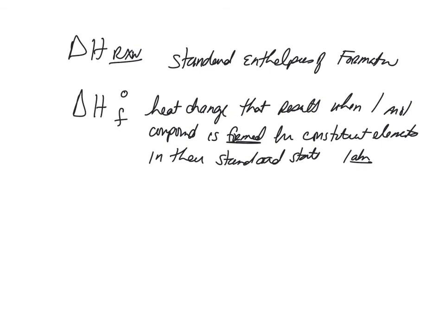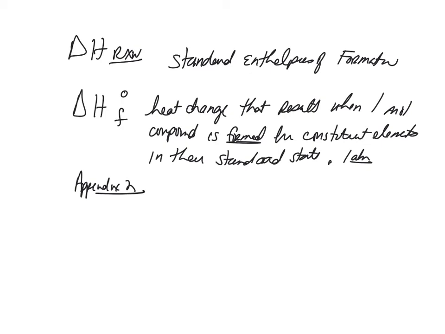Okay, so by common agreement, all geographical heights and depths are expressed relative to sea level. So that's your standard state. And so you can look at Appendix 2 in your book, and you'll see that it lists standard enthalpies of formation for lots of elements and compounds.